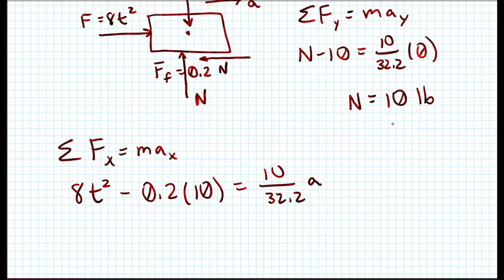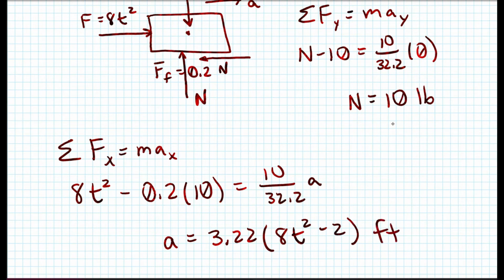Solving for a, we get 3.22 times 8t squared minus 2 feet per second squared.